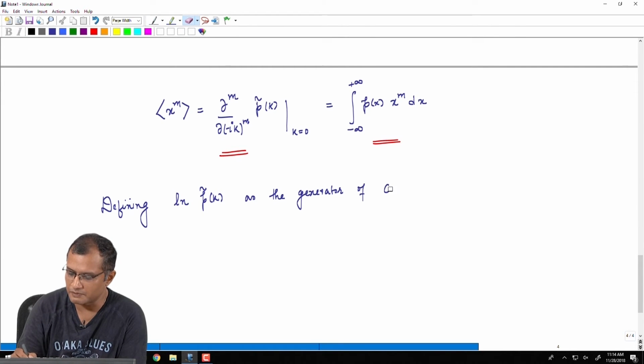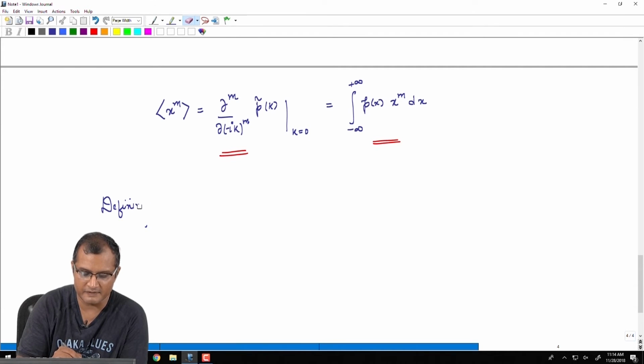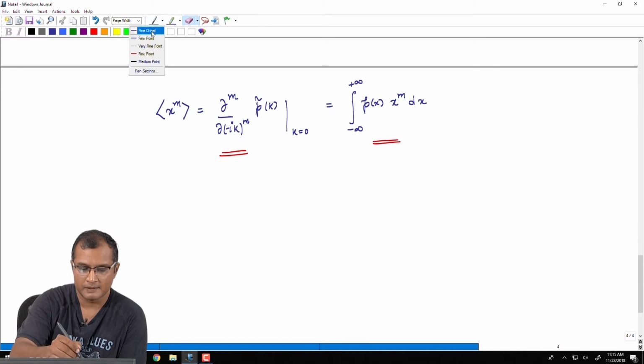I think it is better to first write down the logarithm of P of k, and then we will introduce the definition. It is perhaps better that way. Okay.